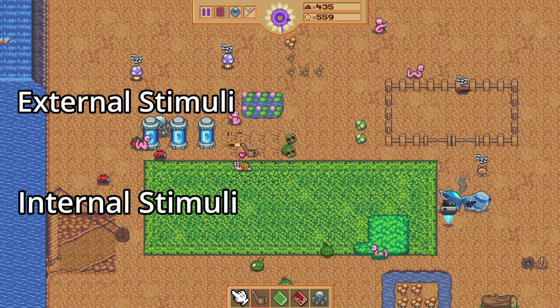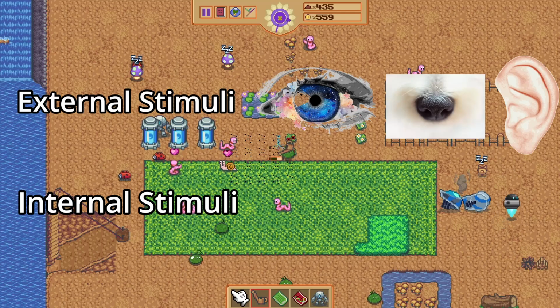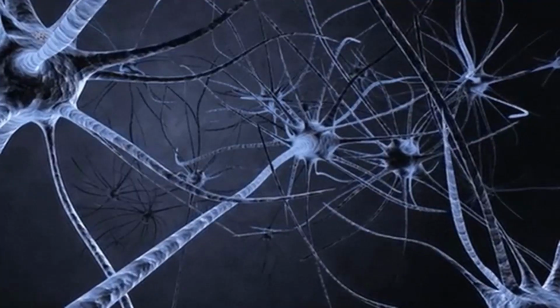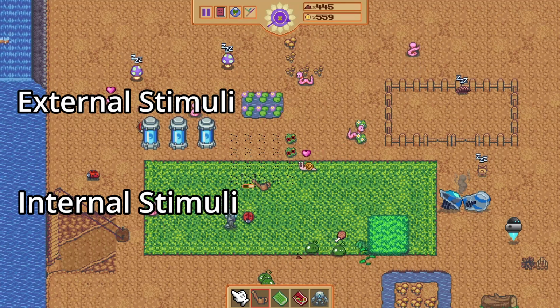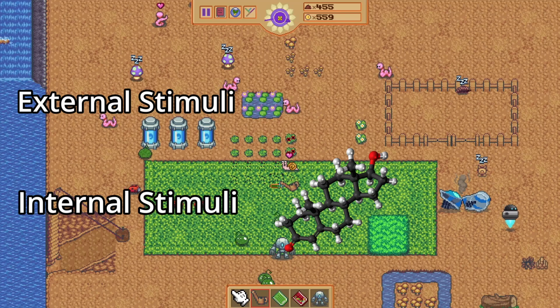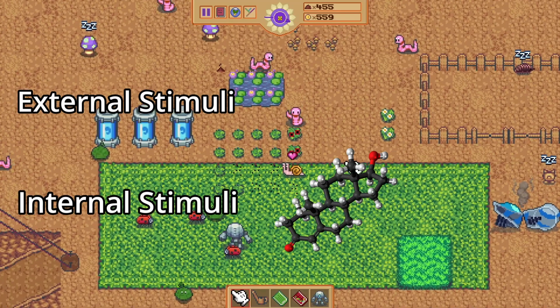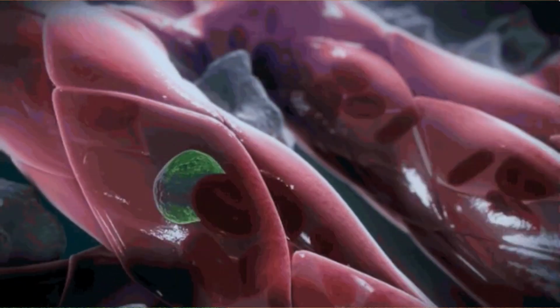External stimuli refer to sensations from outside the body, like sights, smells, and sounds that trigger a response in the nervous system and ultimately lead to a behavioral response. Internal stimuli refer to events occurring in the body that influence aspects like hunger and mating drive. These events are largely controlled by the endocrine system, also known as hormones.